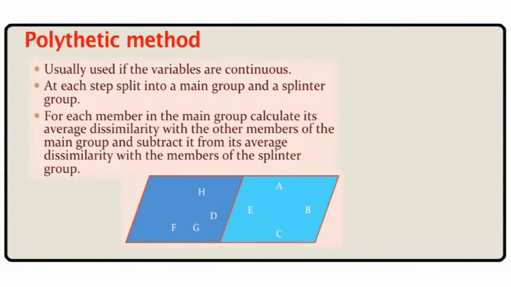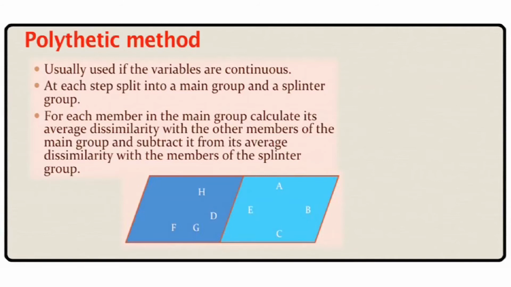For each member in the main group, we calculate its average dissimilarity with the other members of the main group and subtract it from its average dissimilarity with the members of the splinter group. Now what do you mean by this? Suppose this is the splinter group and suppose this is the main group. So what we look at is the main group on the right hand side.